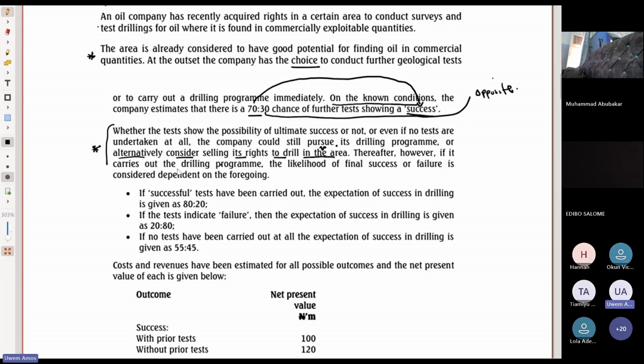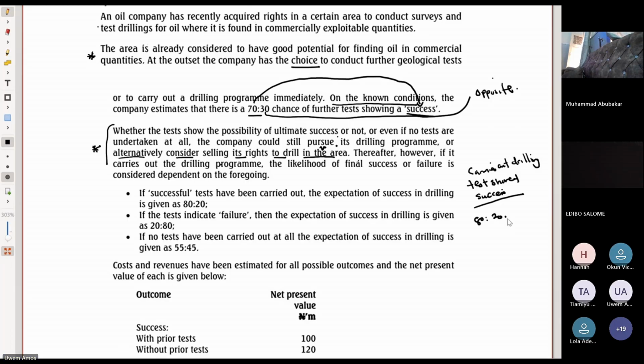If it carries out drilling and the test shows success, we expect the final outcome to be 80-20 for success and failure.